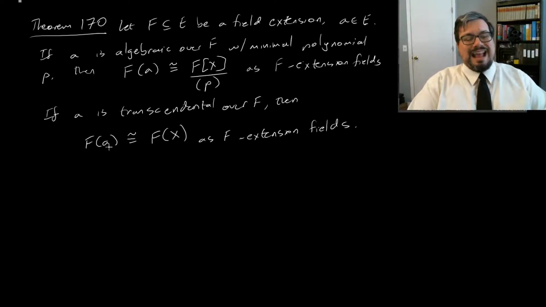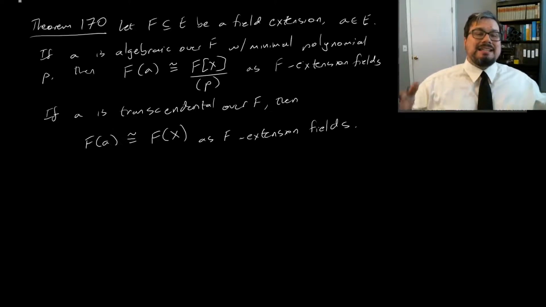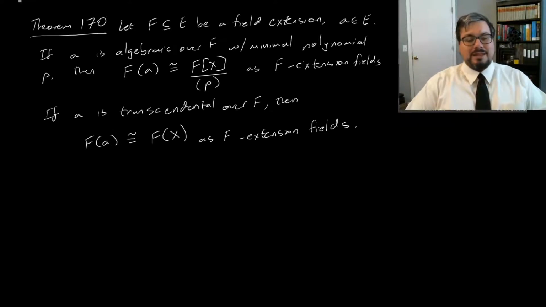However, if you take any transcendental element and look at the smallest field containing that transcendental element and F, they're all isomorphic to each other as F extension fields. The field F can't distinguish between two transcendental elements over F in any case. So again, this is sort of the motivation for the term transcendental.